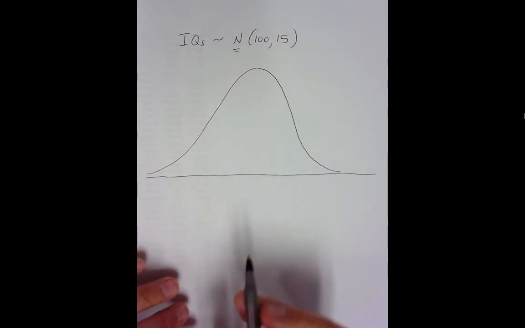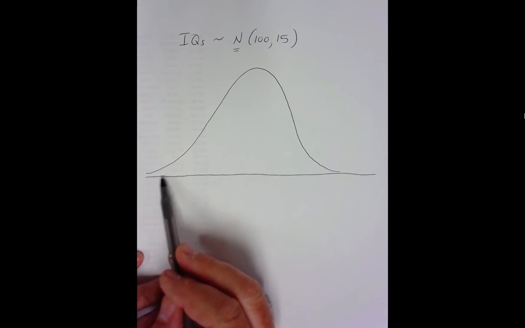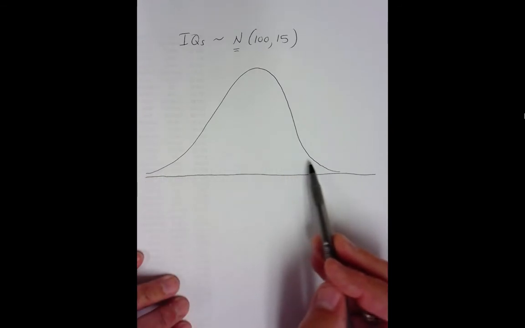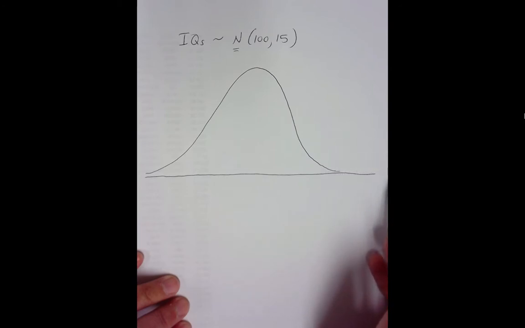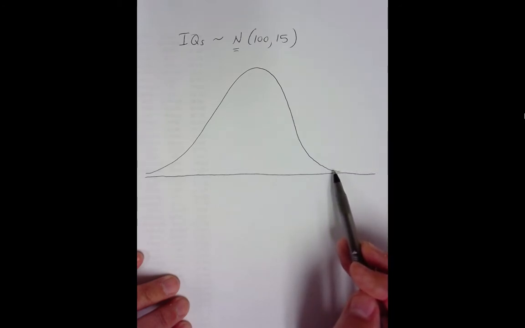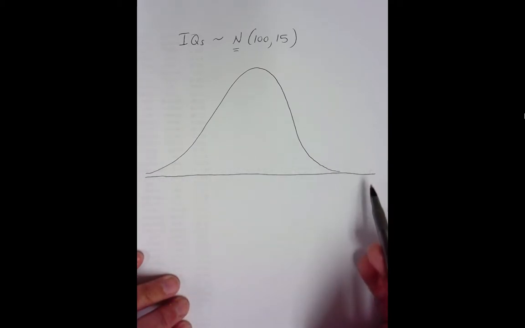A couple of characteristics about the normal curve. First of all, this line never touches the horizontal axis on either side. So this goes on forever and ever, never touching. So it has asymptotic behavior on the left side and the right side.